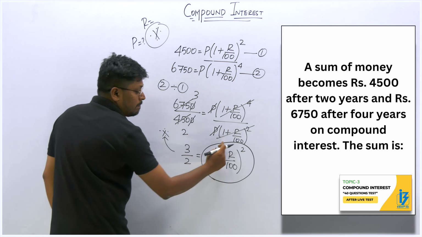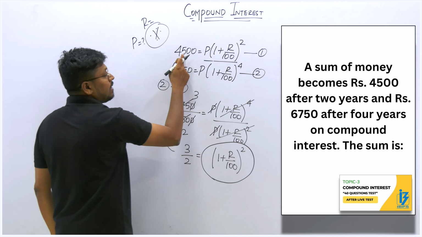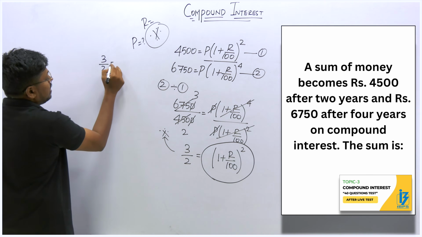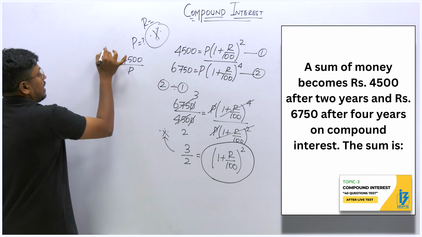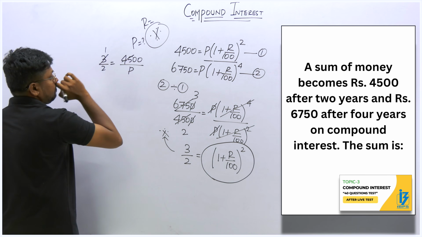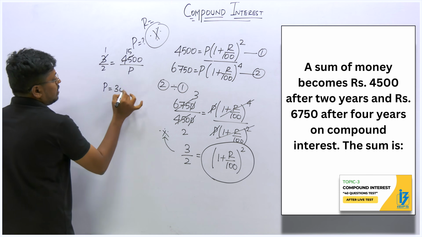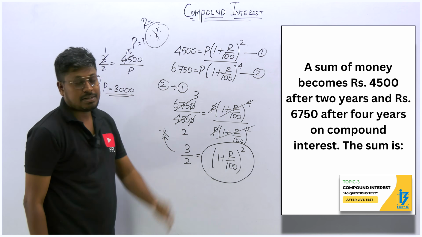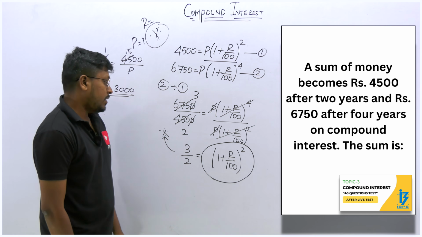For this (1 plus r by 100) whole square, we can substitute 4500 divided by P. So 3 by 2 is equal to 4500 divided by P. Now we can cancel, this will be 15 times. So principal is equal to 3000. So 3000 will be the amount the person has invested. It's based upon the T1, T2 years logic, right?